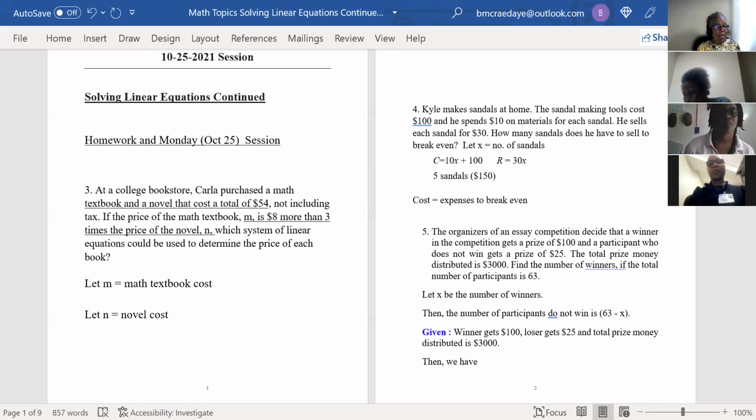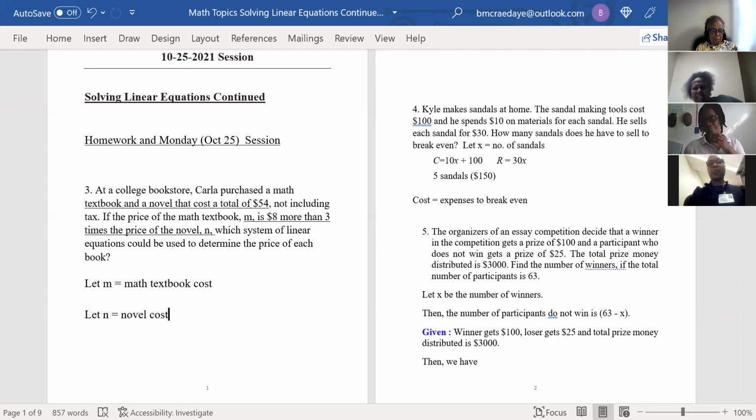Now, what did they give you about the cost of the math textbook and the novel? $54. So what adds up to $54? What equation can you give me to show what's equal to the $54?